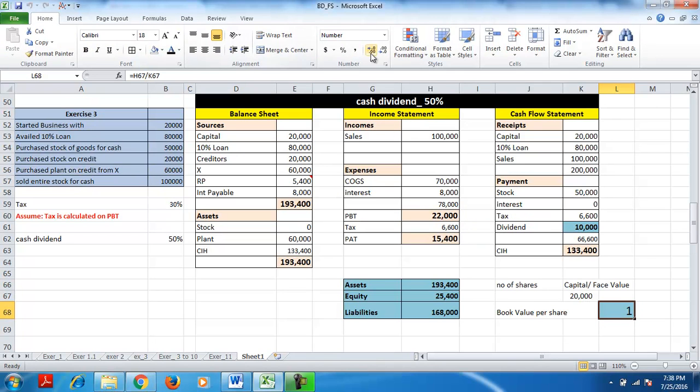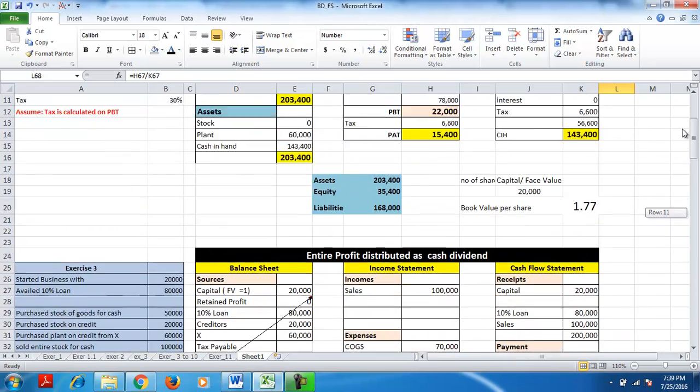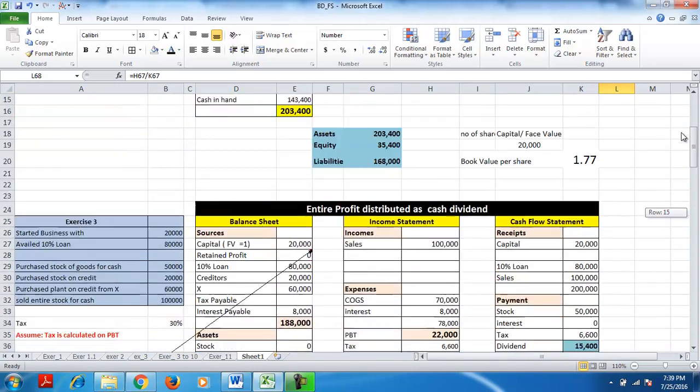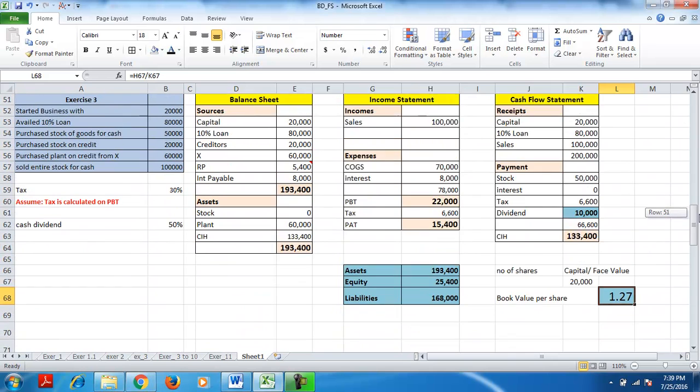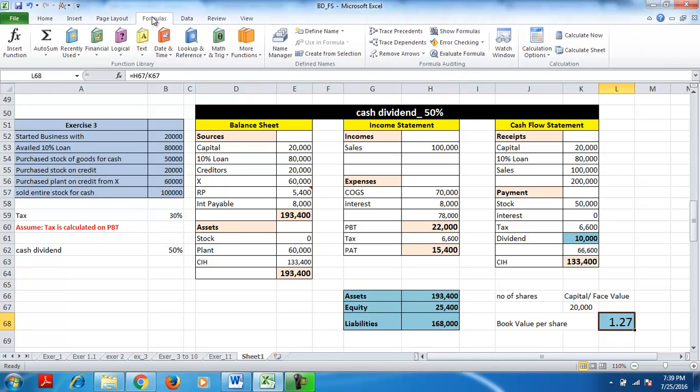Now what happened to the book value per share? The book value per share has gone down from 1.77, when no dividend was declared, to 1.27 when I am declaring 50%. So distribution of dividend leads to a reduction in the equity, and equity is reduced because of the reduction of the retained profit.